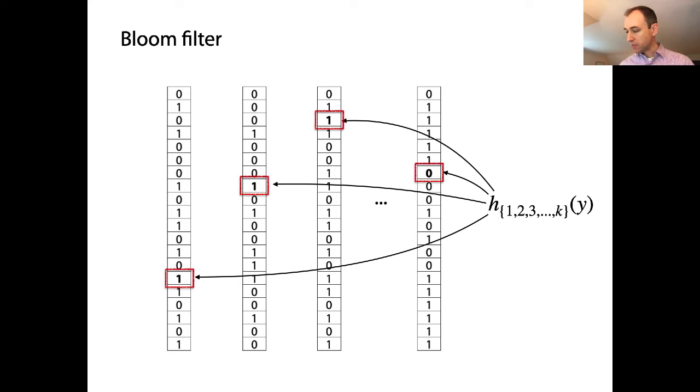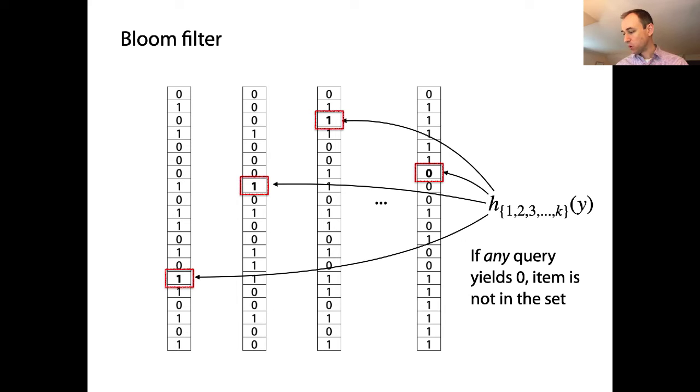Notice 3 of them are set to 1, but 1 of them is set to 0. So what can we conclude about whether the item y is one of the ones that we previously added to this array of Bloom filters? We can conclude that it definitely was not one of the items that we added. Had it been one of the items we added to these Bloom filters, this would be a 1. Right, so we know that y is not one of the items that we added.